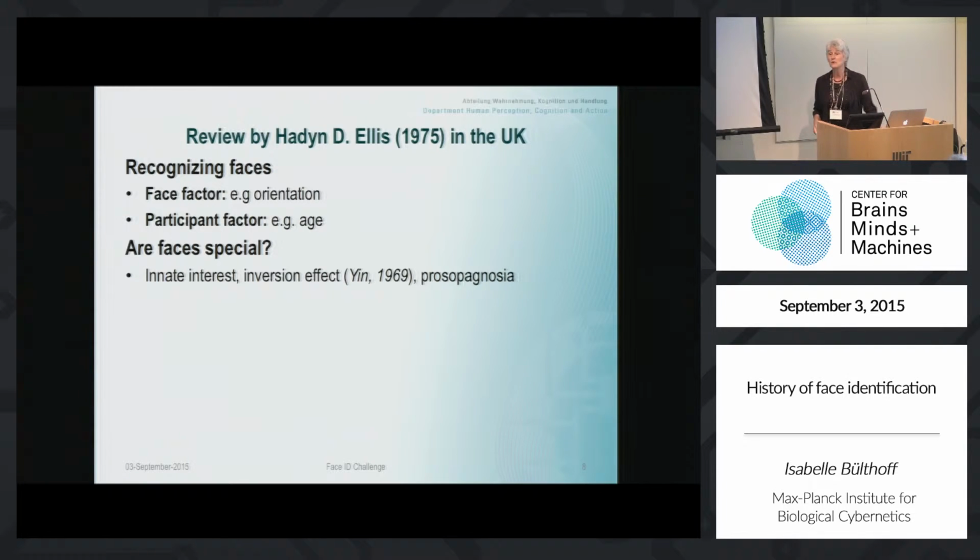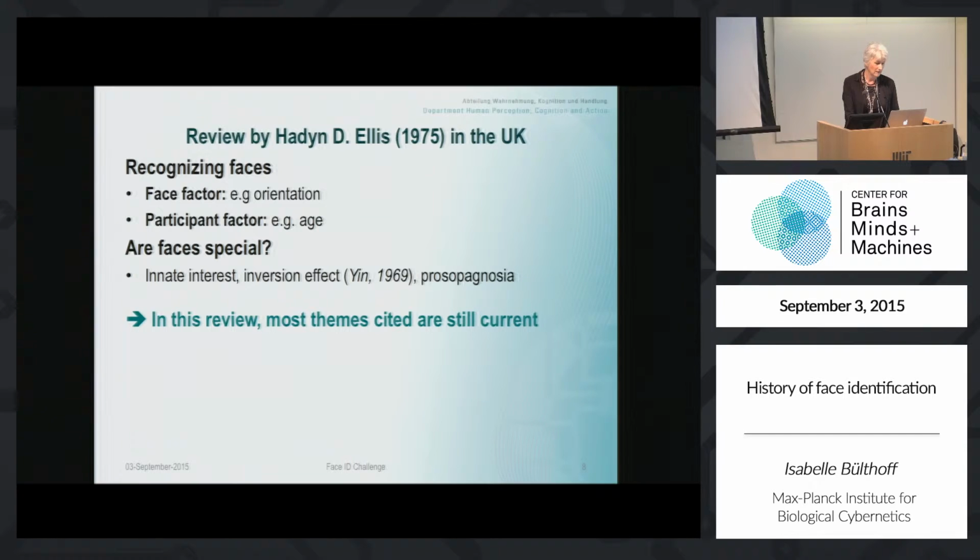Already at the time they knew that babies show an interest in faces, so it is an innate interest. They also spoke about the inversion effect, and it was also known about prosopagnosia, that there are people who have a selective problem recognizing faces but not other types of objects. That's why I said it's sobering. In fact, in this review, most of the themes cited are still current nowadays.